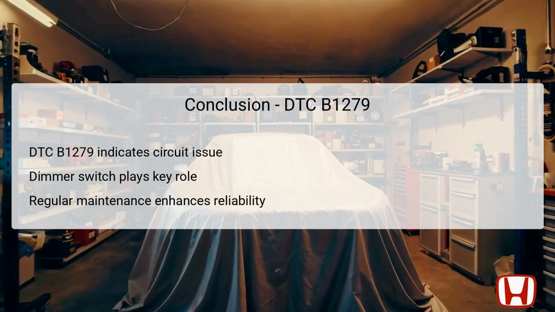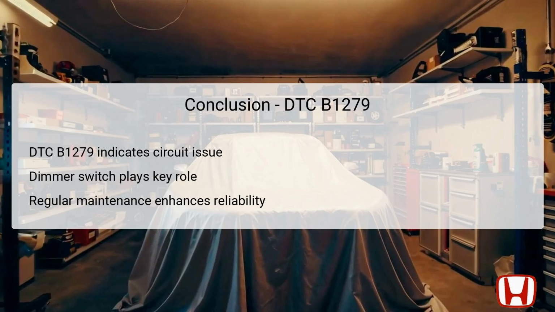In conclusion, DTC B1279 highlights a significant malfunction within the dimmer switch circuit of the 2006 to 2011 Honda Civic. The troubleshooting process reveals critical steps to diagnose the issue, including clearing DTCs, checking switch positions, and verifying wiring integrity.